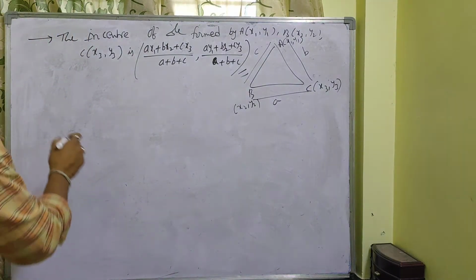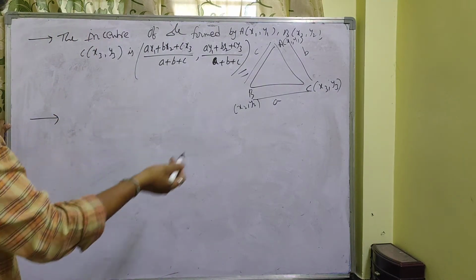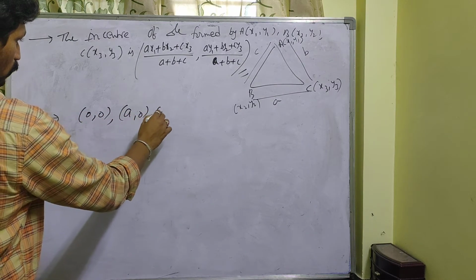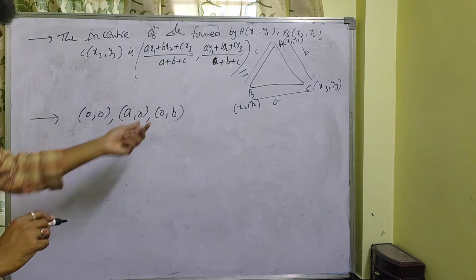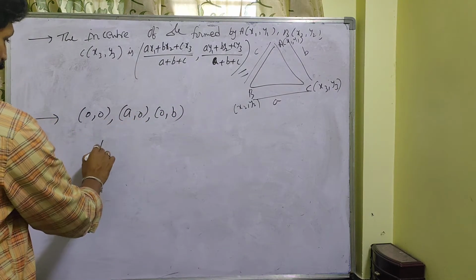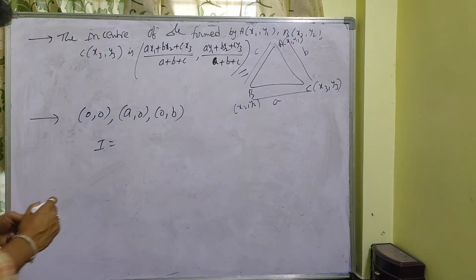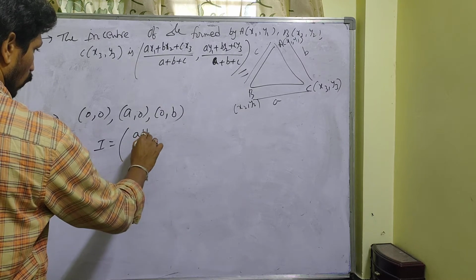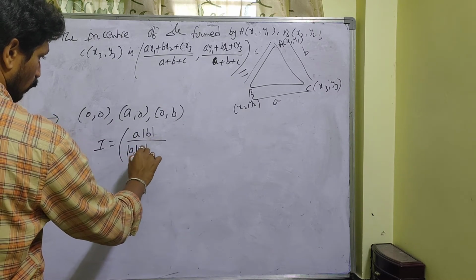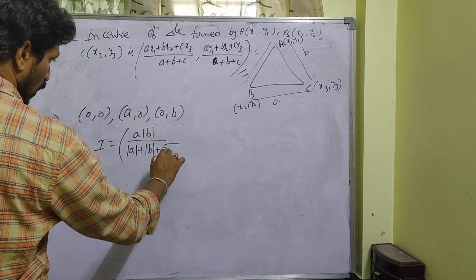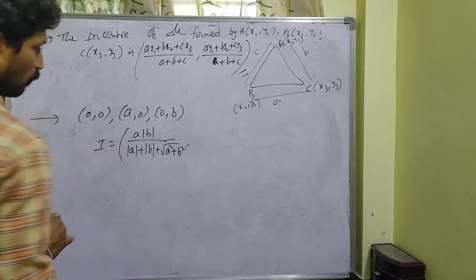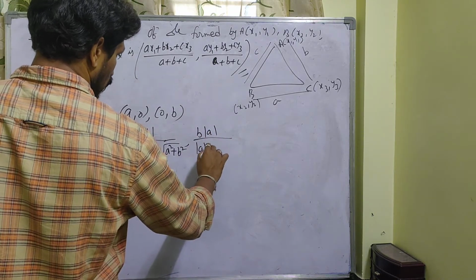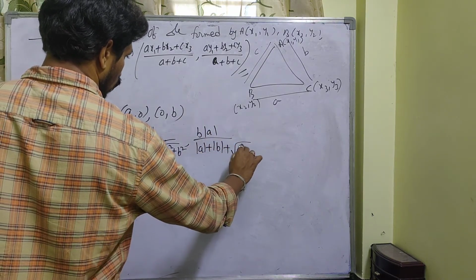Okay. So next formula, if the points are 0 comma 0, a comma 0, 0 comma b. If these are the vertices, then how can you find out the incenter? I is equal to, here, A into mod B by mod A plus mod B plus root over A square plus B square. These are the shortcut forms, just remember. Next one, B mod A by mod A plus mod B plus root over A square plus B square.